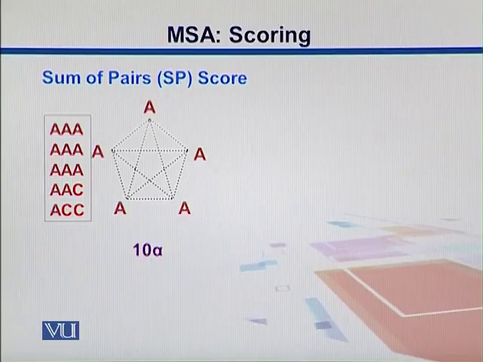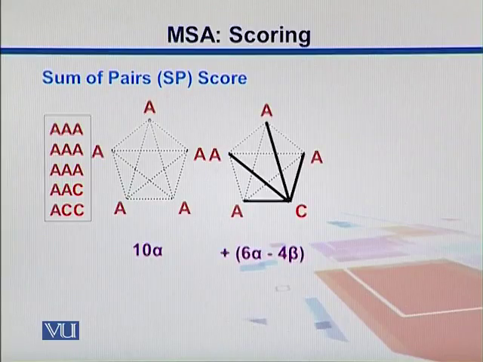Let's move on to the next column. Here we see that there are 6 matches, or 6 match scores, and then we have 4 mismatches. So your overall score is 6 alpha minus 4 beta. Whenever we have a mismatch, we generally penalize for that, or we look into the substitution matrix where we can get some negative numbers.